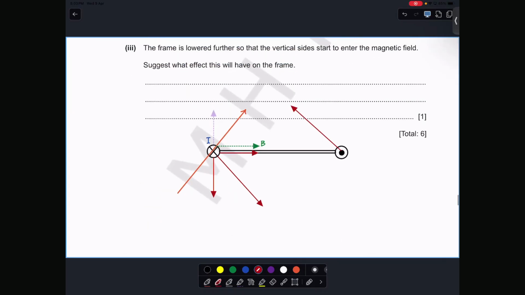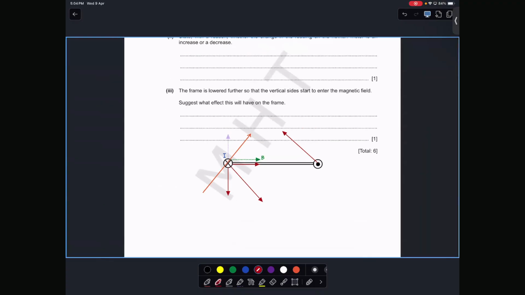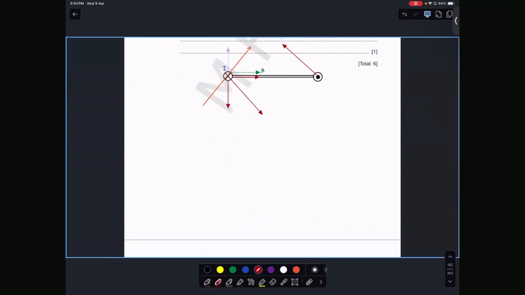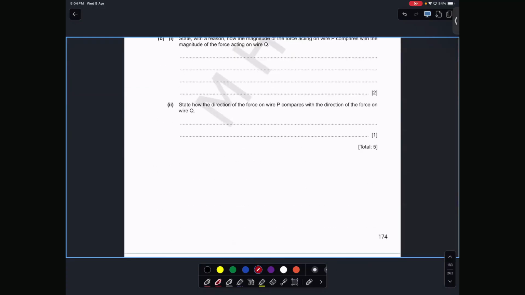I think for 1 mark it's too much work. And figure this out. Yeah, suggest যেতে বলছে আর কিছু বলে নাই, সাজেস্টে তো অনেক কিছু বলে. Yeah, so it keeps rotating until it's perpendicular, right?